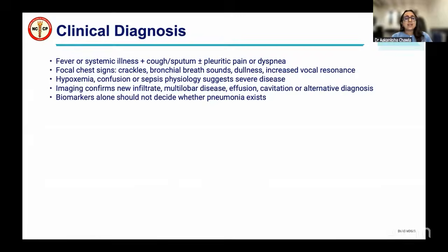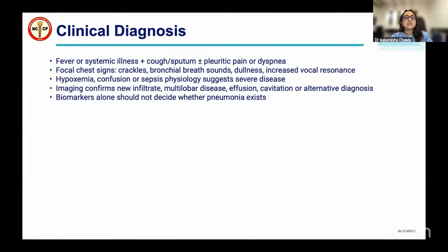So patient can present with fever, systemic illness, cough, with or without productive sputum, may have a pleuritic pain or dyspnea. When you examine the patient, you may find crepitations, bronchial breath sounds, dullness or increased vocal resonance.